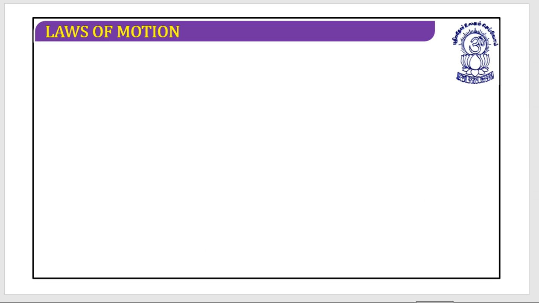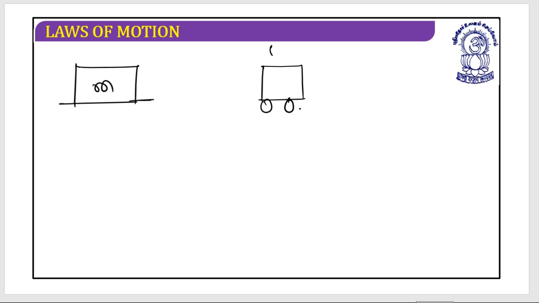Now let's suppose this is mass m, and at this point you are standing in the car. It is still at rest. But now the situation changes and the car is moving with acceleration a naught. Now you are looking at the box m.